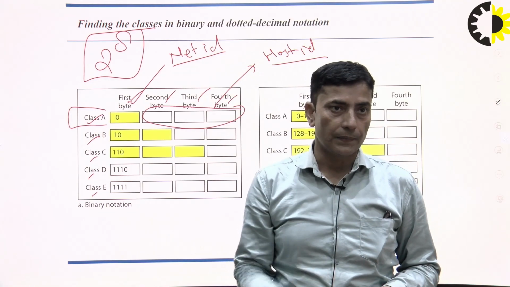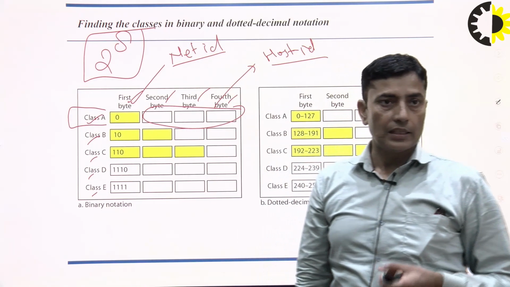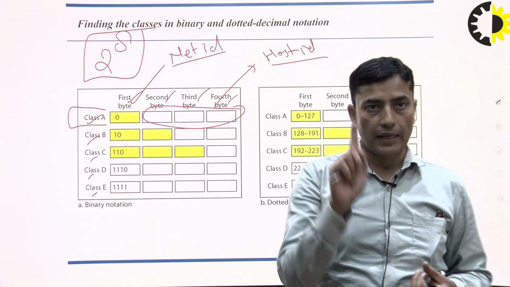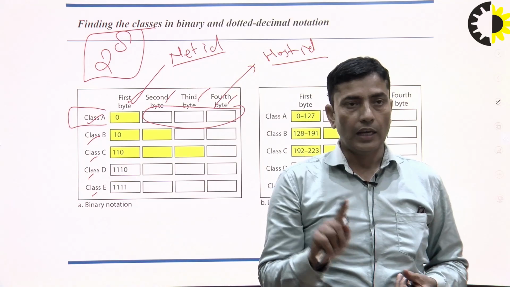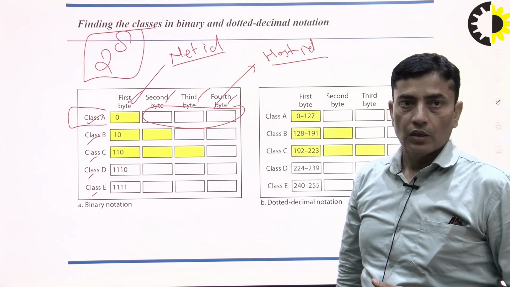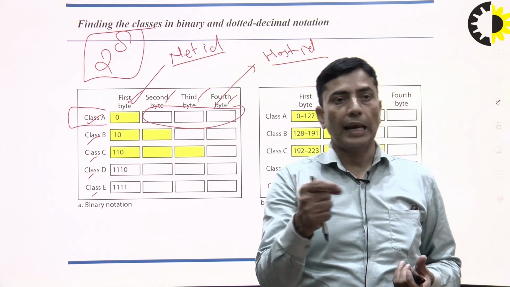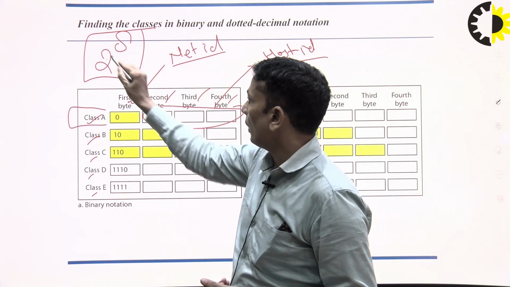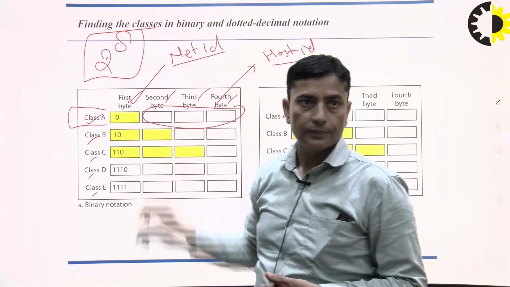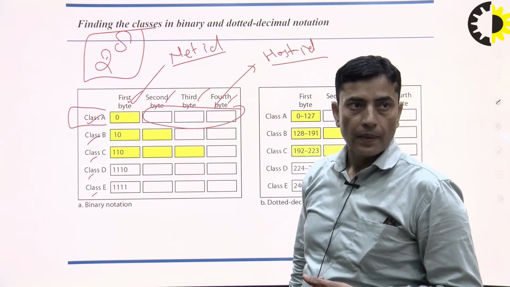In class A addressing, the first byte is for the network ID and the remaining for the host ID, so by using 8 bits we can design 2 power 8 different networks.